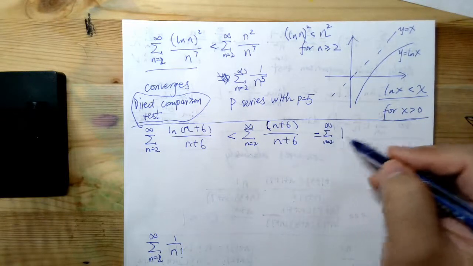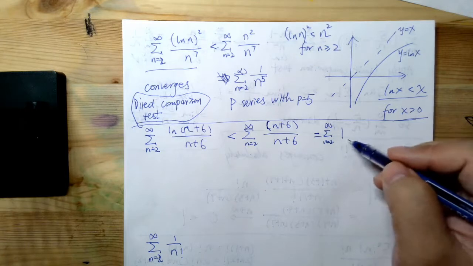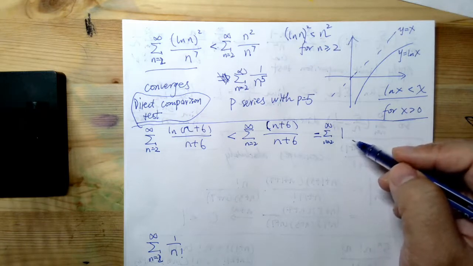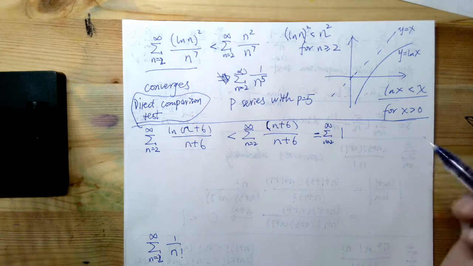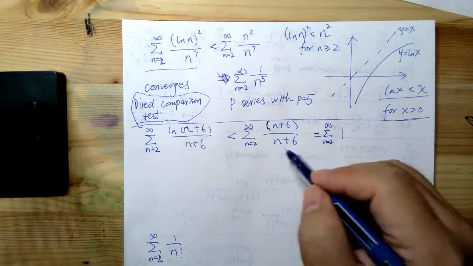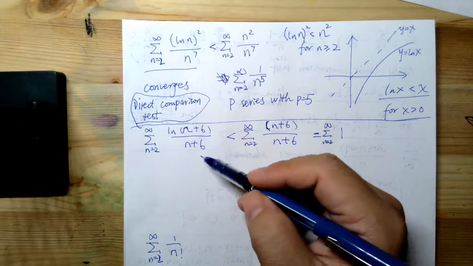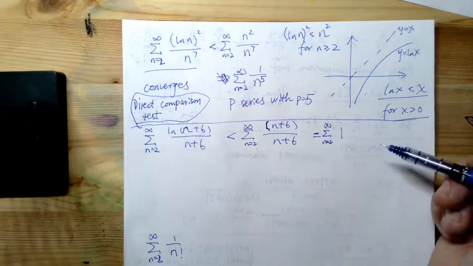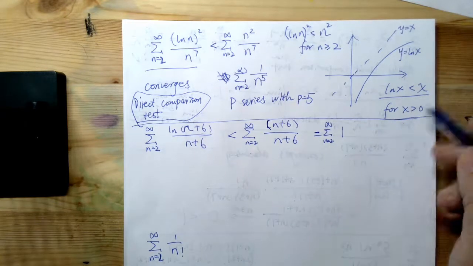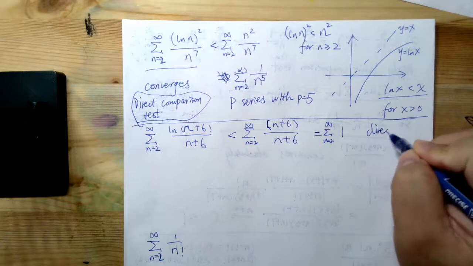Based on this inequality, the larger series is actually 1 over 1, and it diverges. But based on the direct comparison test, if the larger series diverges, we don't know whether the smaller series converges or diverges.